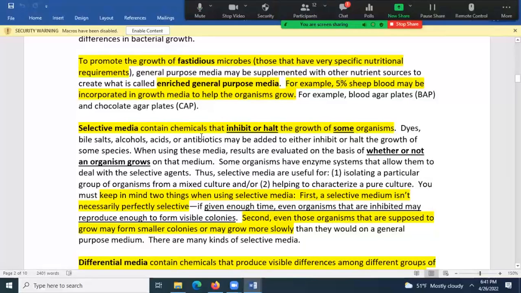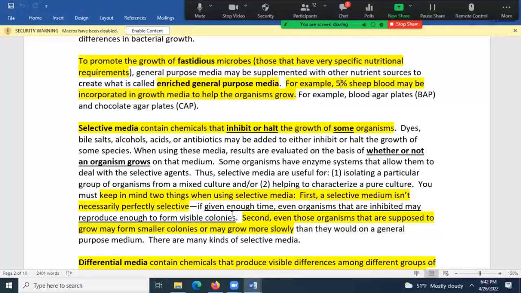If not, let's talk about selective media. This is a media that contains chemicals that inhibit or halt the growth of some organisms. Keep in mind, when you're using a selective media, the selection isn't necessarily perfect, meaning organisms which are selected against can grow on the plate.